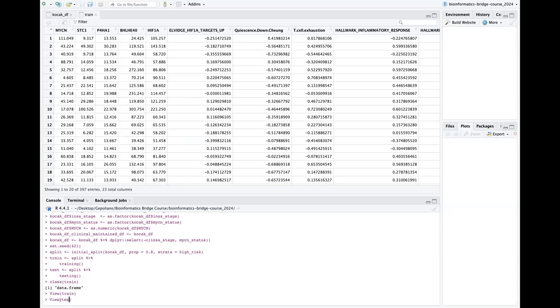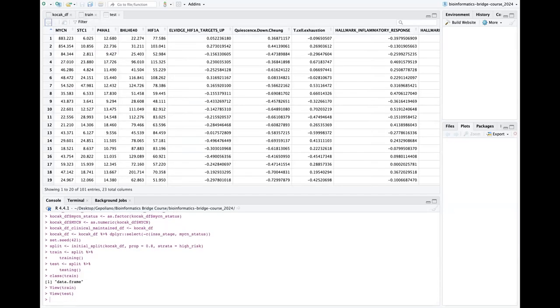And the test, okay. And I'm going to ask what class has test. It's also a data frame, and here it is.